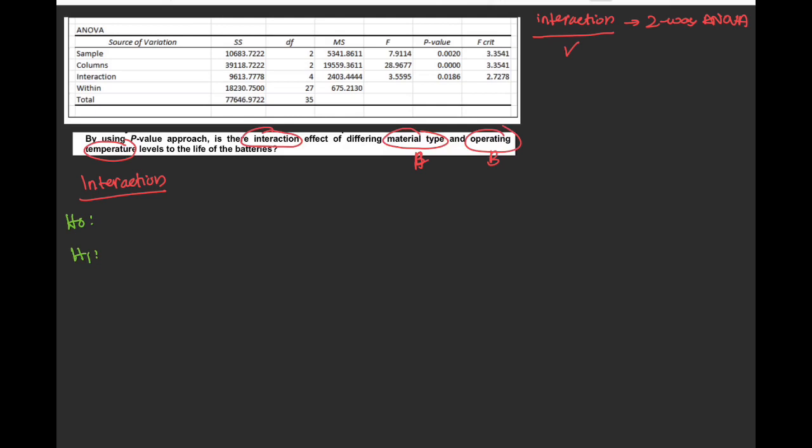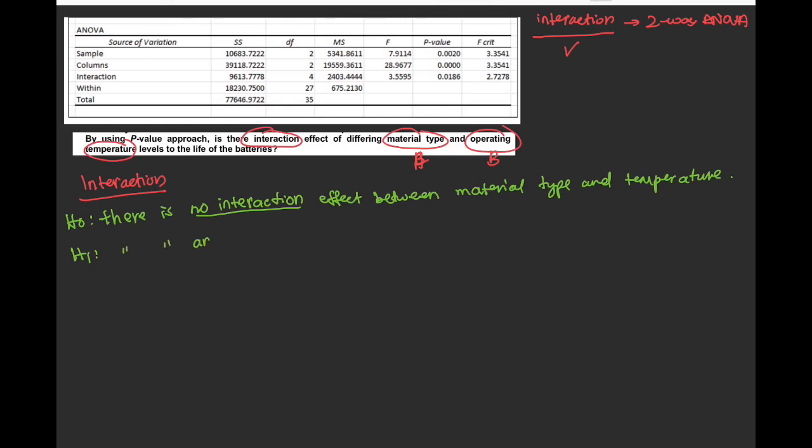H null is always no. So we put here, there is no interaction effect between material type and temperature. H1, there is an interaction effect between material type and temperature. Okay, this one is step number 1.